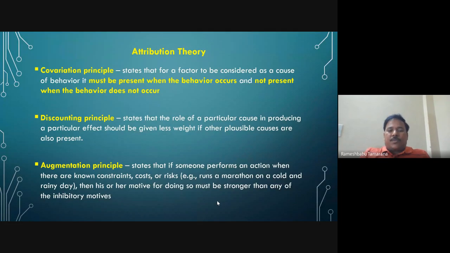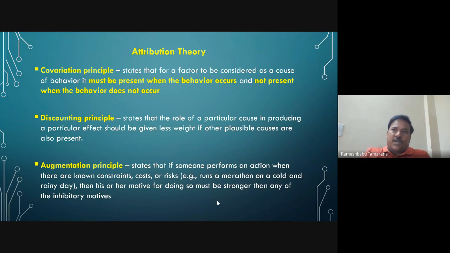And the third principle states that if someone performs an action when there are known constraints and there are costs or risks. Say for example, somebody is running a marathon on a cold and rainy day. Usually, when we have a 4 km marathon or a 6 km marathon, we don't run when it's raining heavily or it is too cold.